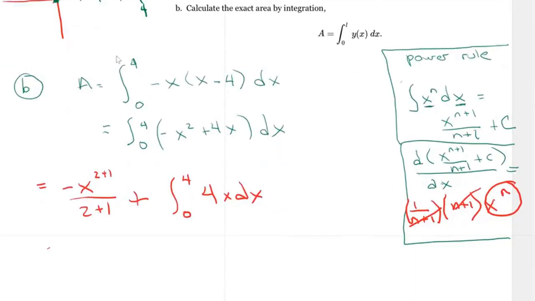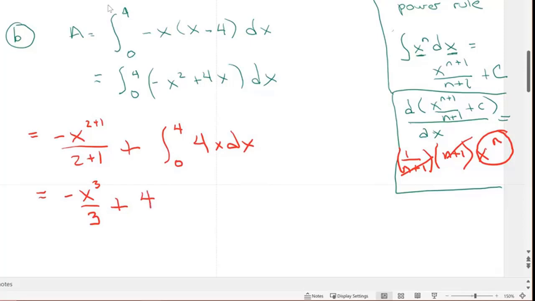Let's simplify this: minus x cubed over 3 plus 4 times the integral from 0 to 4 of x dx. That should be one of the rules on your rule sheet. That equals minus x to the third over 3 plus 4 times the integral of x to the first power, so it's x to the 1 plus 1, which is 2, over 1 plus 1, which is 2. And then always we add this c.